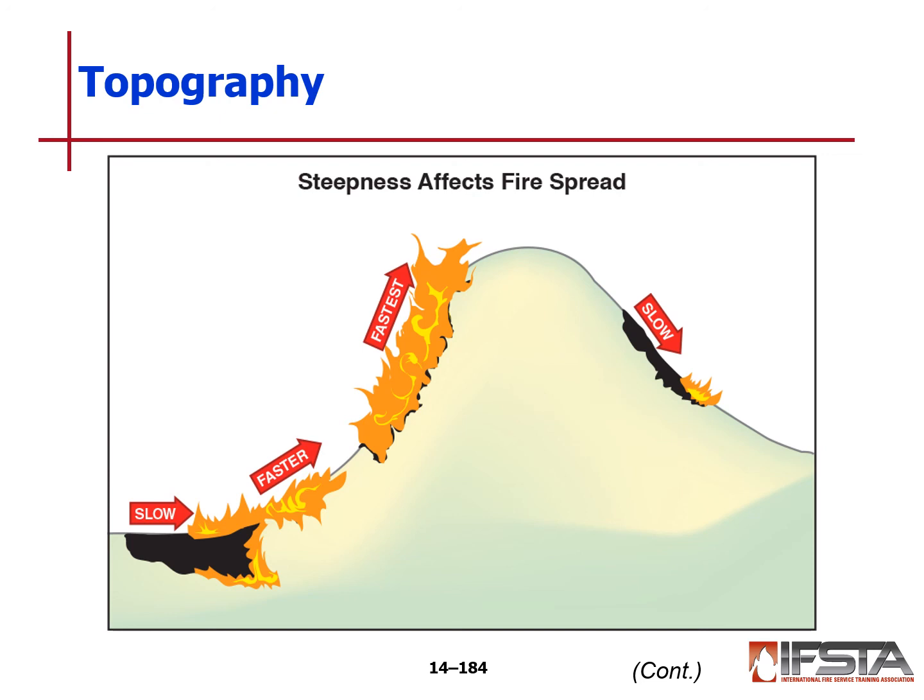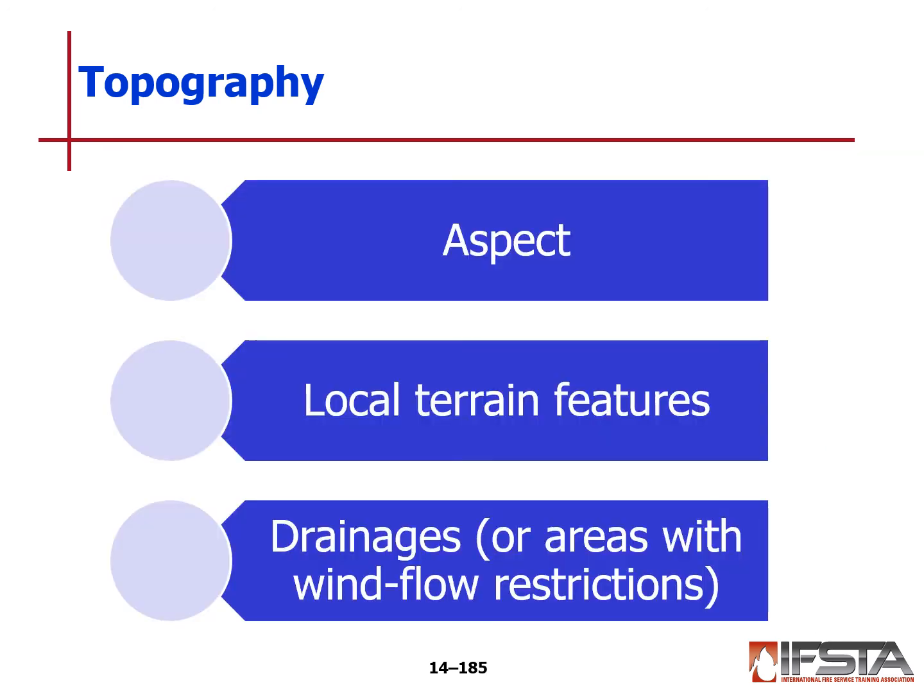As it moves up the slope, it will preheat what's above it and that will cause that to catch faster, so on and so forth. Moving down the slope, it would be slower because the tendency is the heat rises up the slope.